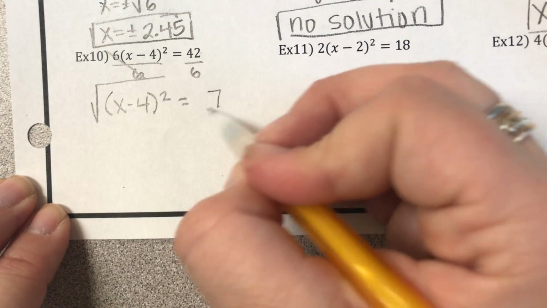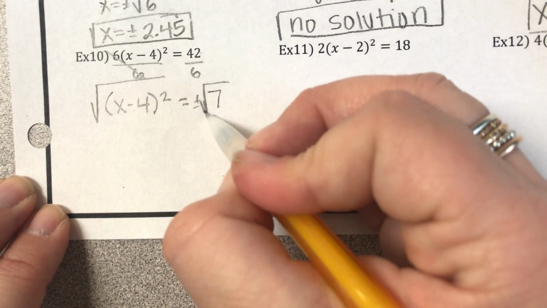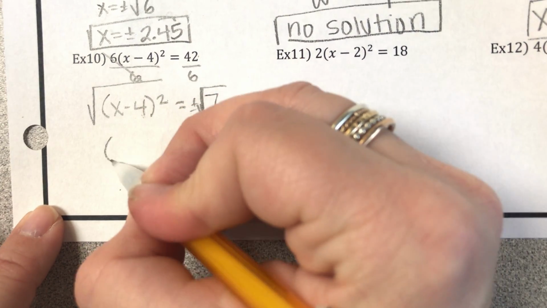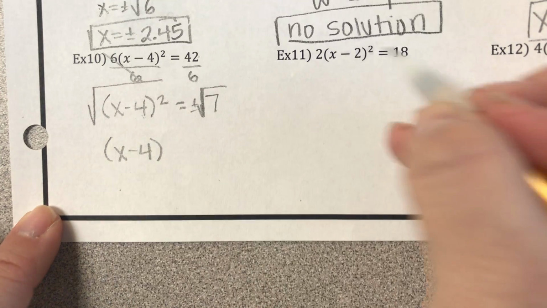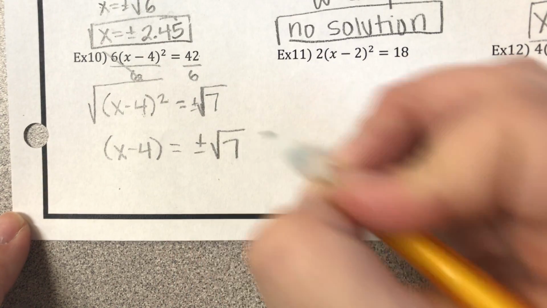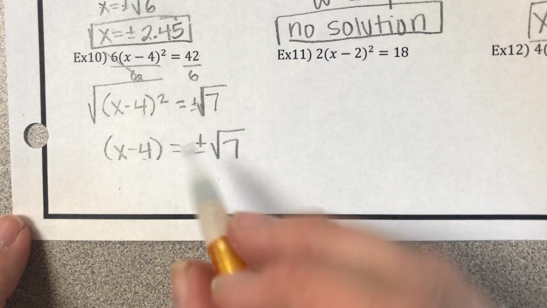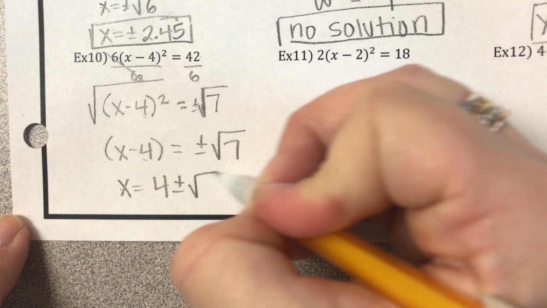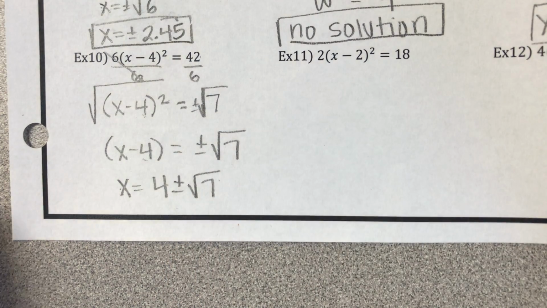Now I can take the square root of both sides. The square root of something squared is just the original expression, so x minus 4 equals plus or minus the square root of 7. Now I can add 4 to both sides. So I have 4 plus or minus the square root of 7.